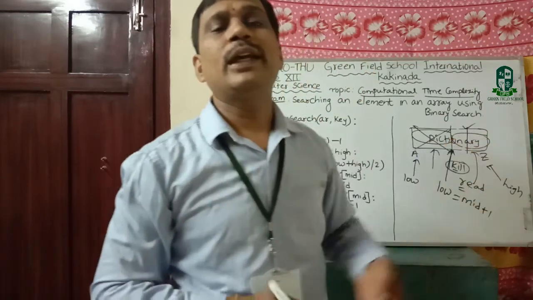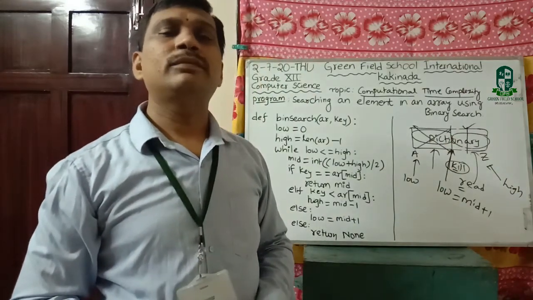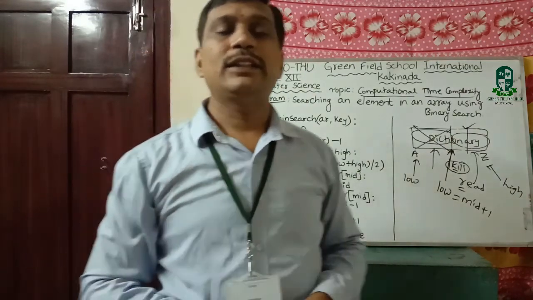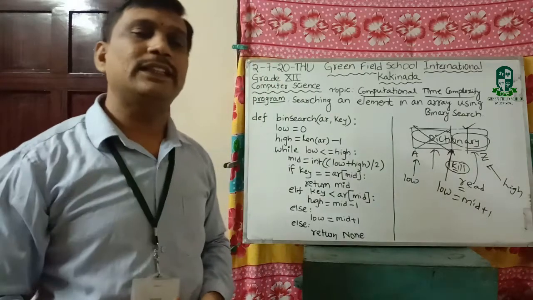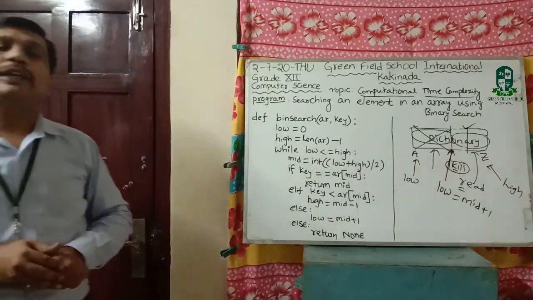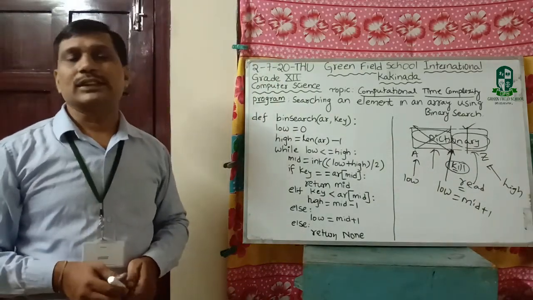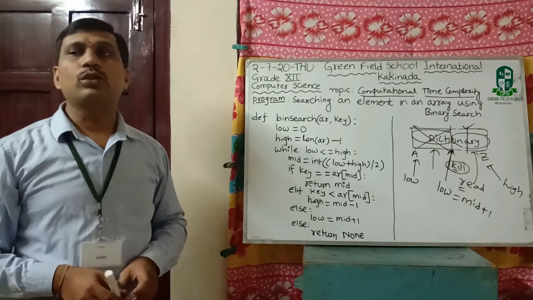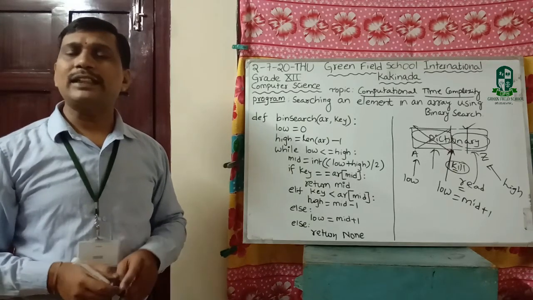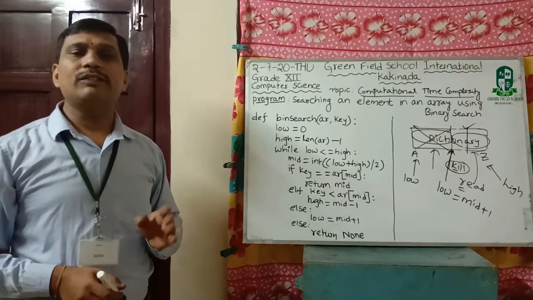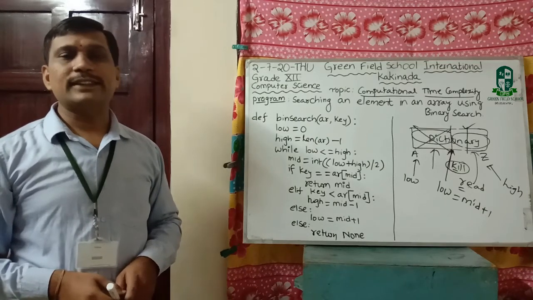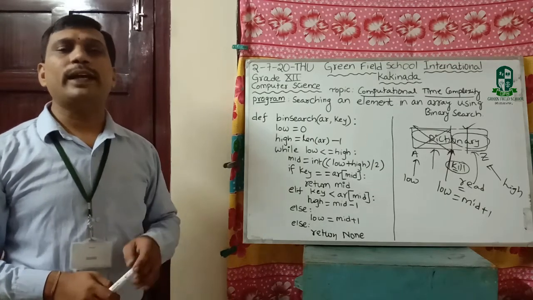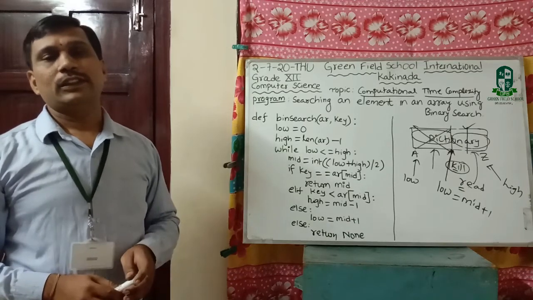In this way, we continue every time. We divide the entire problem into two smallest subproblems. Then again, we take either one of the subsets and apply the same technique in that subset.